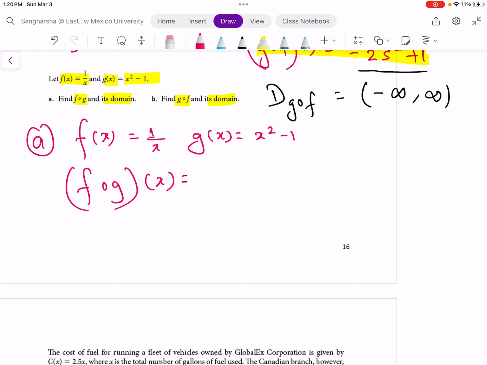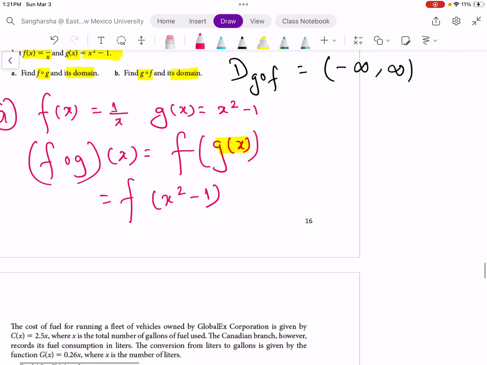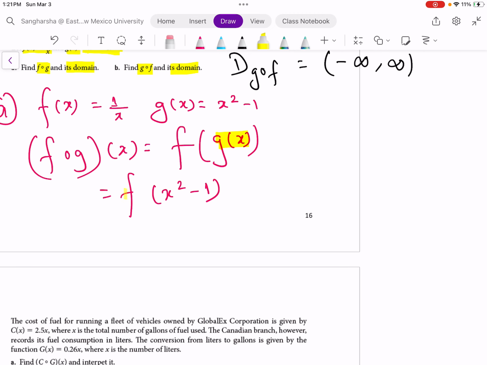From the definition, we have f of g of x. So this is the definition. Now let's go ahead and substitute our g of x. We have f as it is, and for this g of x, we substitute x squared minus 1. So we have f of x squared minus 1.